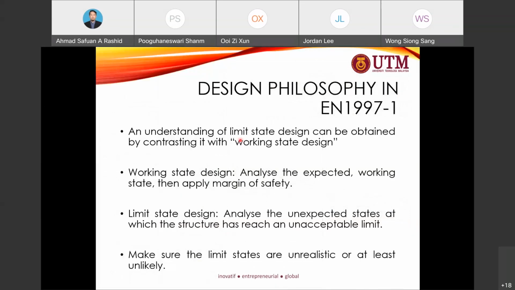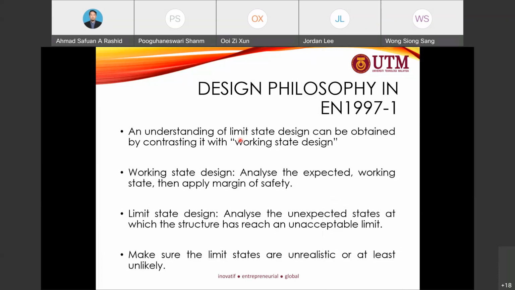So, design philosophy in EN 1997. An understanding of limit state design can be obtained by contrasting it with working state design. Working state design analyzes the expected working state, then applies a margin of safety.